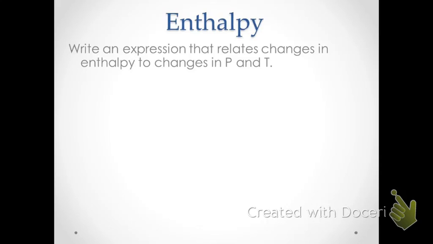In the case of enthalpy, we'll find that it's more convenient to express changes in terms of pressure and temperature, and so in a very similar way we write the differential equation for changes in enthalpy with a derivative with respect to pressure under isothermal conditions and a derivative with respect to temperature under isobaric, constant pressure conditions. This is very similar to what we did before with internal energy. We're just using pressure and temperature instead of volume and temperature.